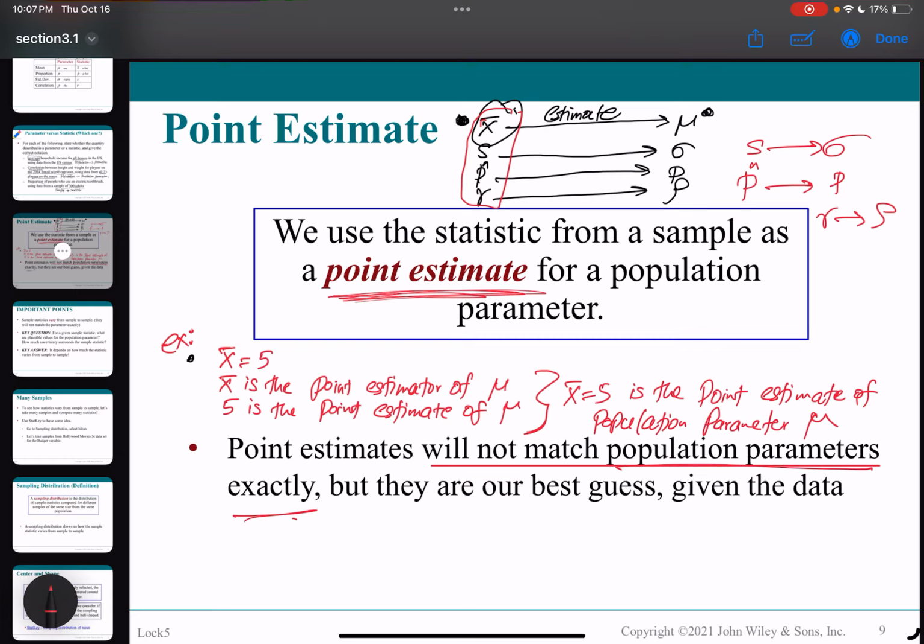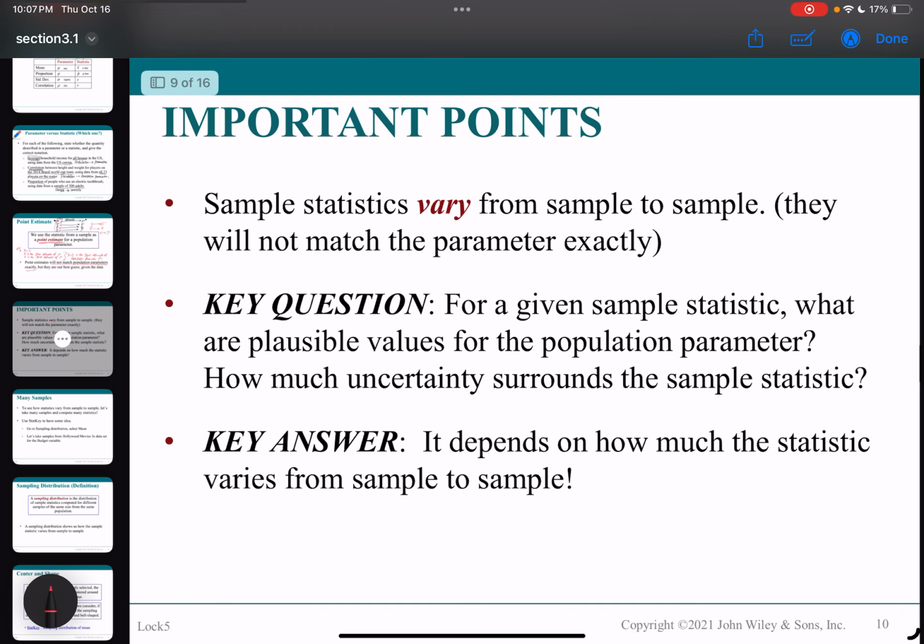It gives us a very approximate value. In statistics I always mention that we don't need exact values; approximations are just fine. You have to remember these things. Statistics vary from sample to sample, because statistics depend 100% on the sample.